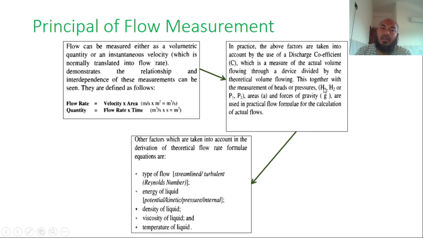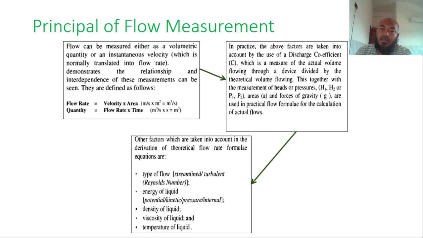Okay, and then in practice, the above factors are taken into account by the discharge coefficient, and this is a measure using actual volume flowing through a device divided by the theoretical volume flowing.